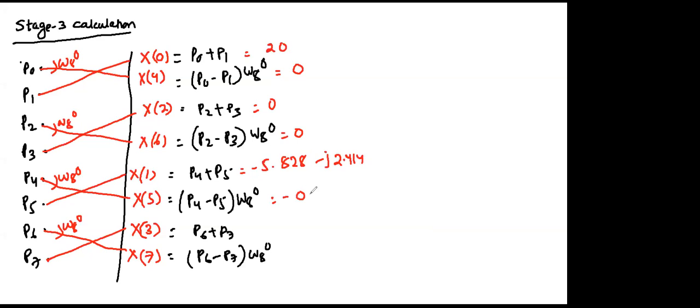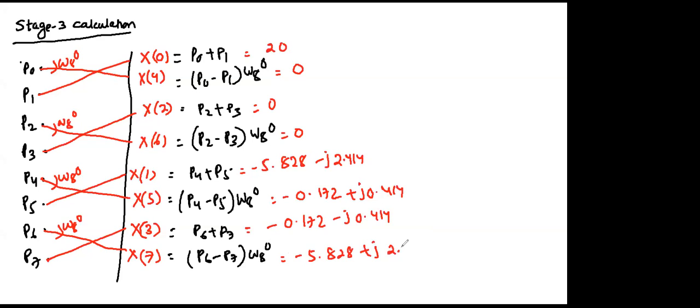This is minus 0.172 plus j 0.414. This is minus 0.172 minus j 0.414. This is minus 5.828 plus j 2.414. Okay.